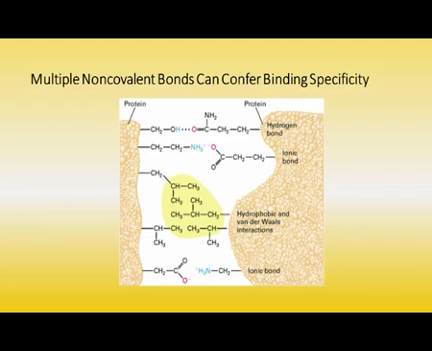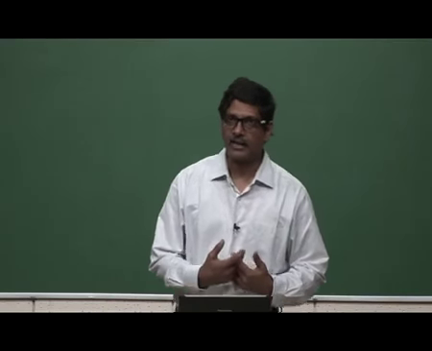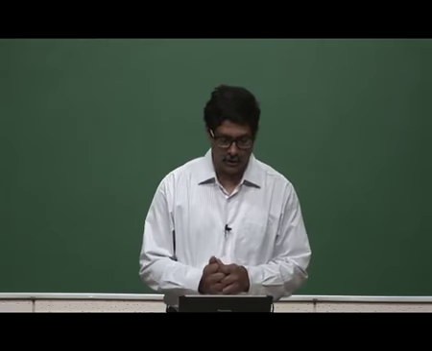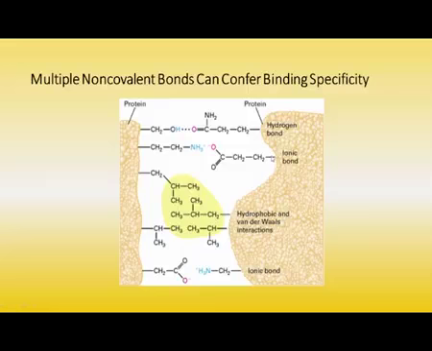So, when any interaction happens, as I told you right at the beginning, for example, when you have one protein here interacting with another protein here, these interactions can happen because of all the 4 different kinds of non-covalent forces or interactions that I just told you about.